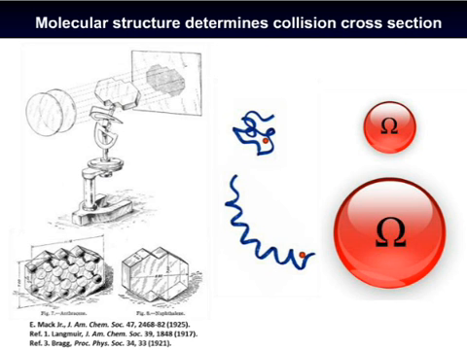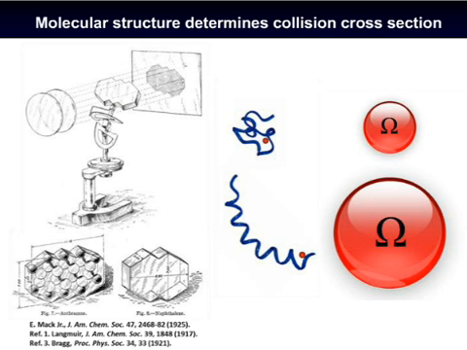He was a professor at Ohio State University, where he would embed molecular models in beeswax and project light across them. As he moved these models, he would inscribe a circle on a screen, and the circle corresponded to the rotationally averaged collision cross-section, or the value of omega, which I'm showing on the right.